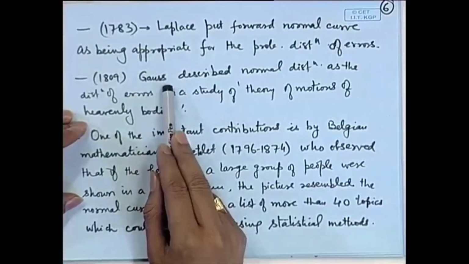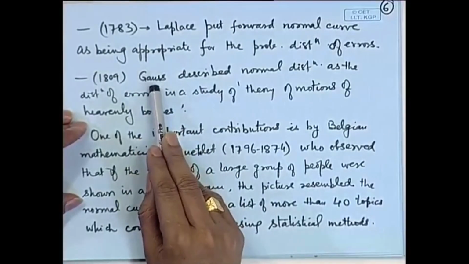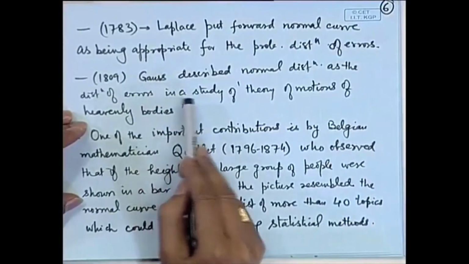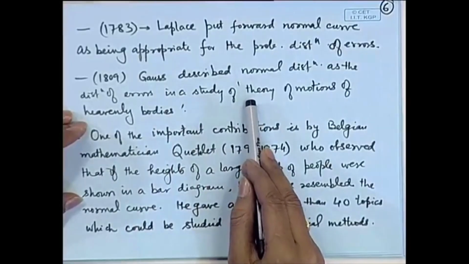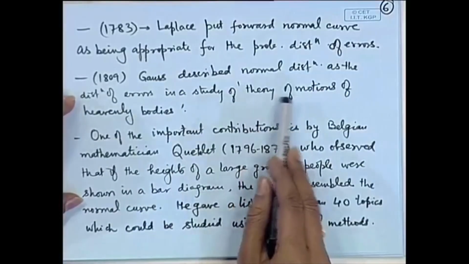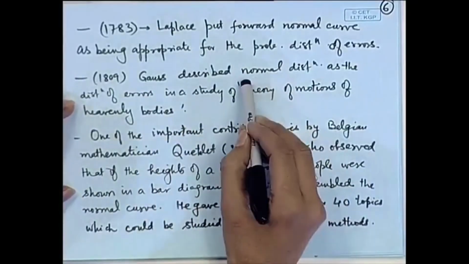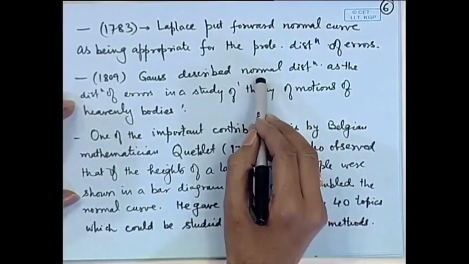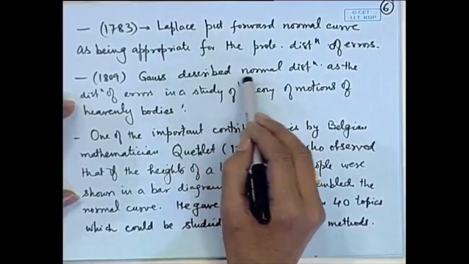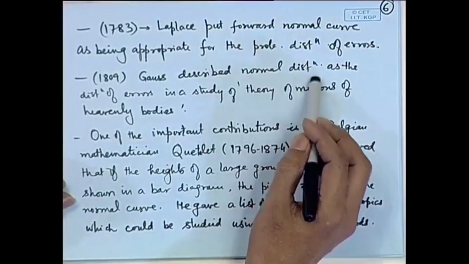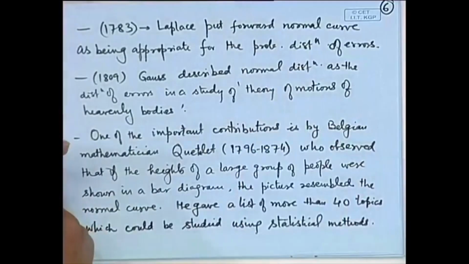Later on, the great mathematician Carl Friedrich Gauss considered the study of planetary motions, that is the theory of motions of heavenly bodies, and he also came up with the same conclusion, that the distribution of the errors for those astronomical measurements can be nicely described by the normal distribution.